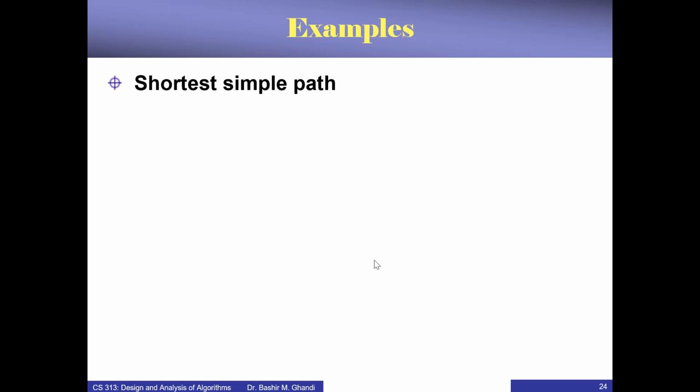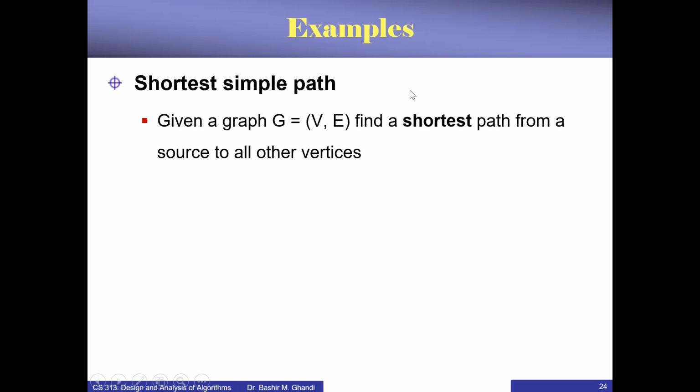Actually, we shall be giving you the examples in pairs. One is P, and a very similar problem, you will see that it is NP-complete. So the shortest simple path is actually P. It belongs to class P.